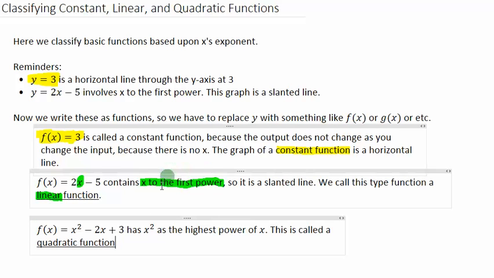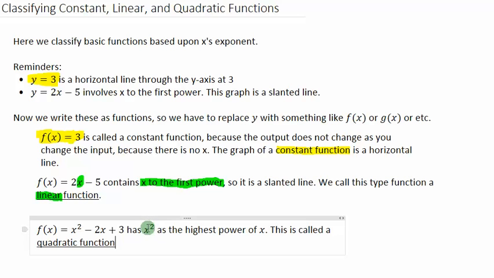Think about square, like squared. Think about the geometric shape of a square. It has 4 sides. So for quad, 4 sides, a square. The key is you can't have any higher powers of x than x squared. You can't have x cubed, x to the 4th, etc. There are no higher powers of x.